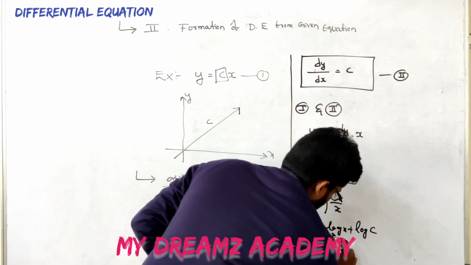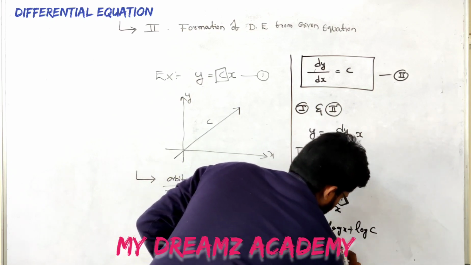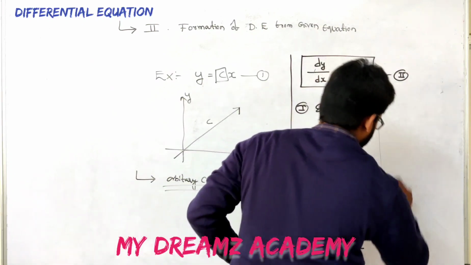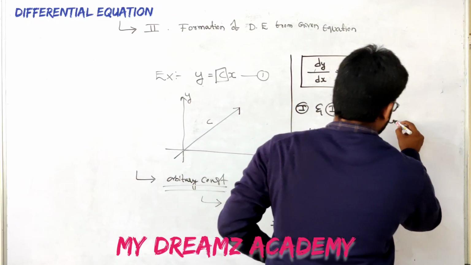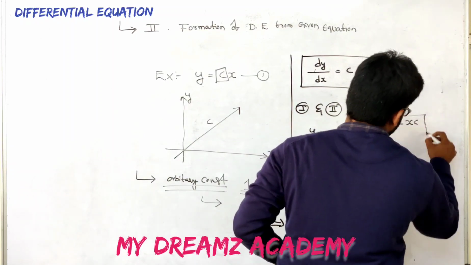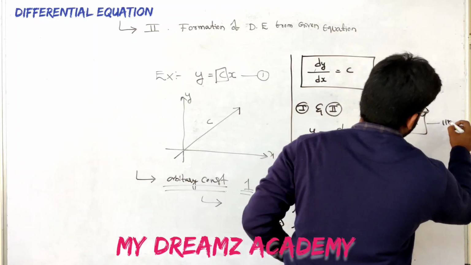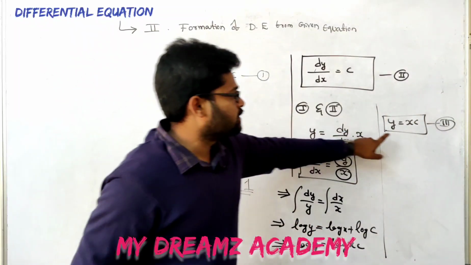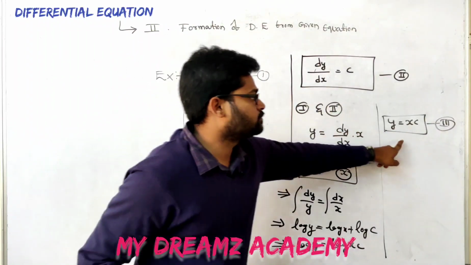Log y = log x + log c, that is log xc. Logs cancel on both sides. y = xc. This is equation number 3. See, equation number 1 and equation number 3 are both the same.